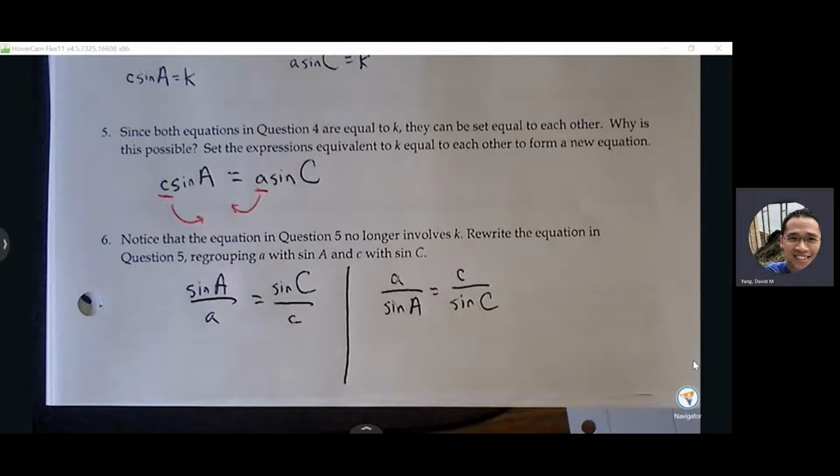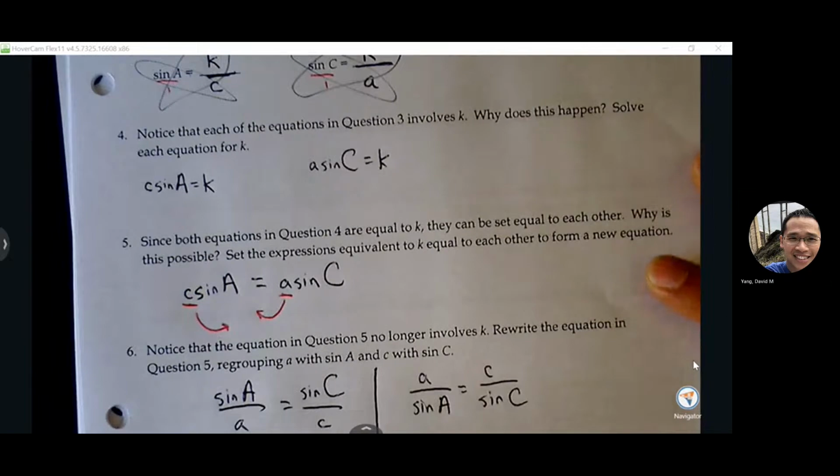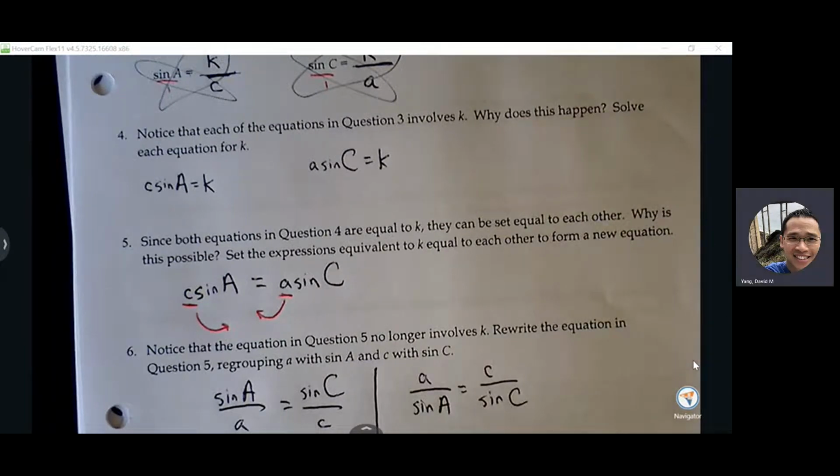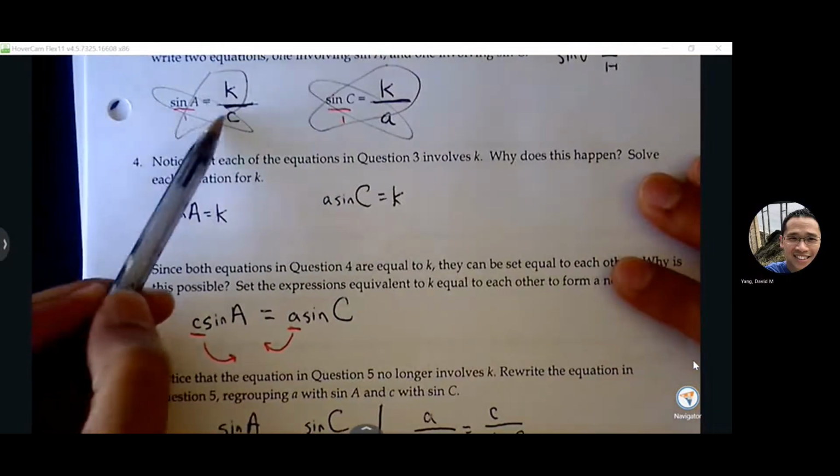Yeah, question. How do we get from 3 to 4? Oh, we just cross multiply, right?